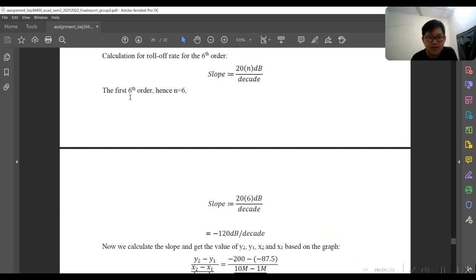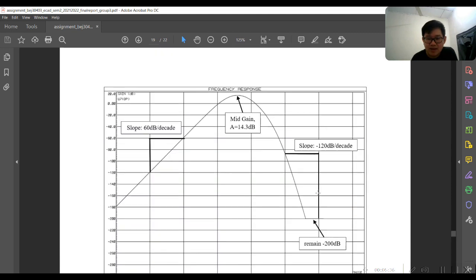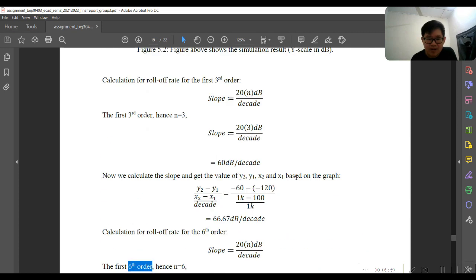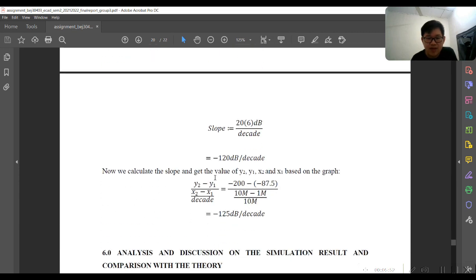Then for the sixth order, which is the right hand side here, the slope is equal to negative 120 dB per decade. Here we can see the value based on the graph, using y2, y1, x2, and x1, and we get a value equal to negative 135 dB per decade.